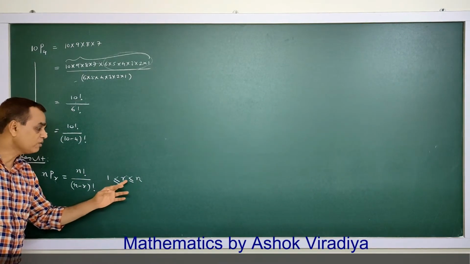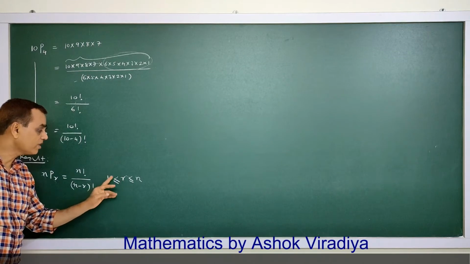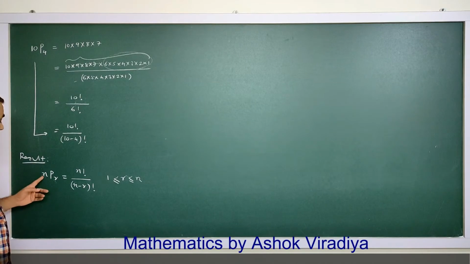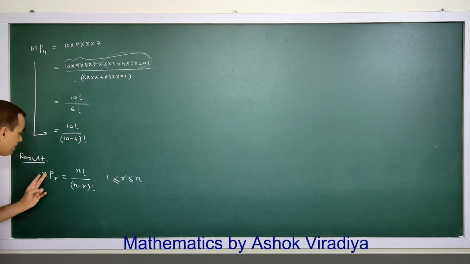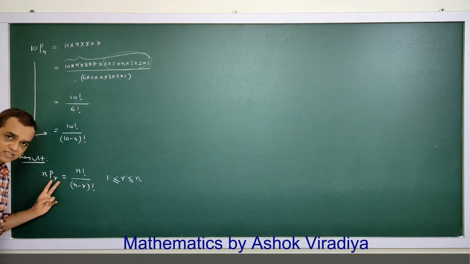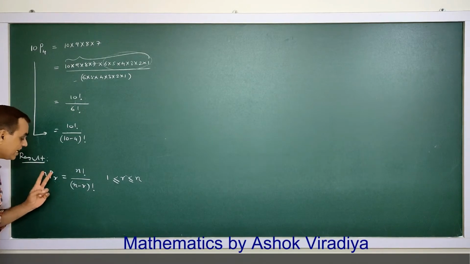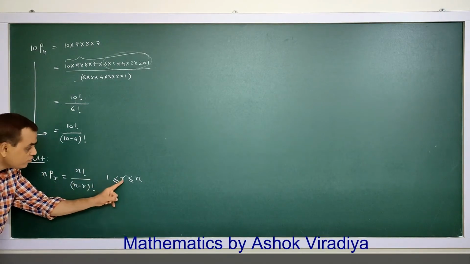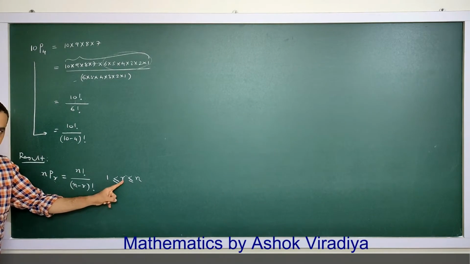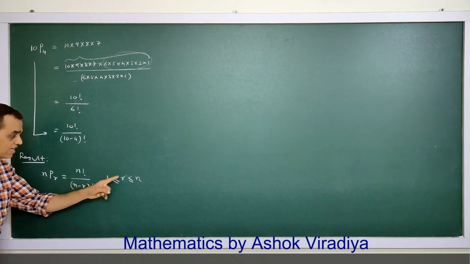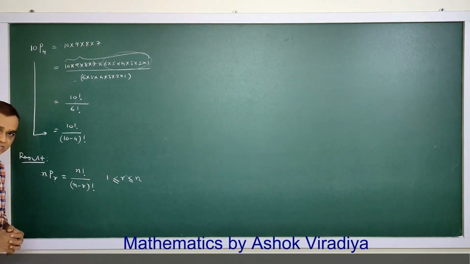If you are given 10 objects, maximum you can arrange 10 objects. Out of 10 you can't arrange 15. Out of 10 you can arrange 10. Out of 10 you can arrange 9. Out of 10 you can arrange 1. So r can be equal to 1.